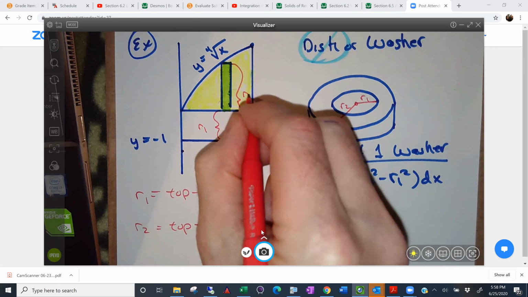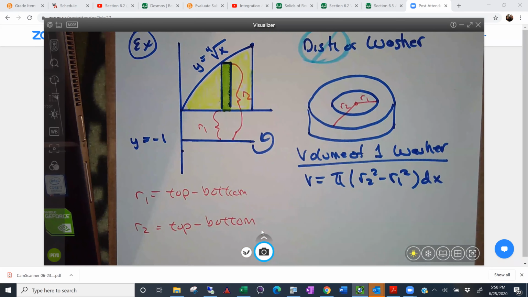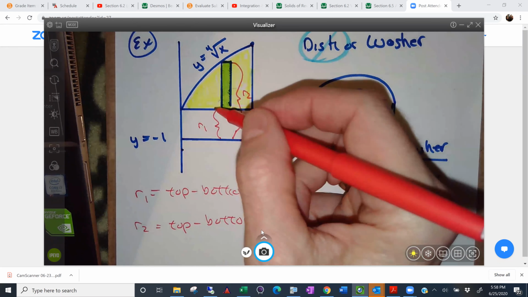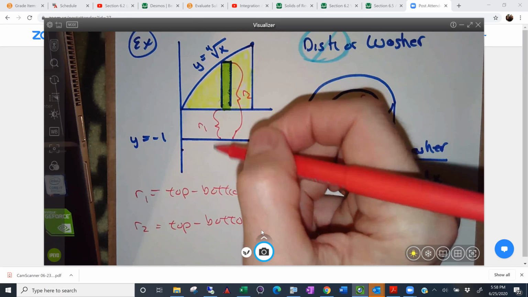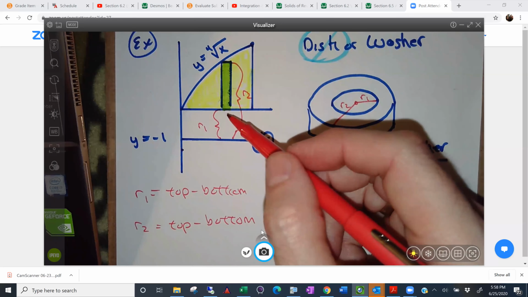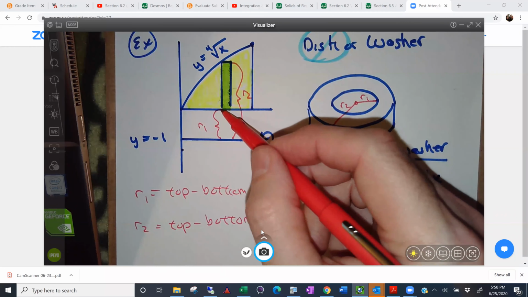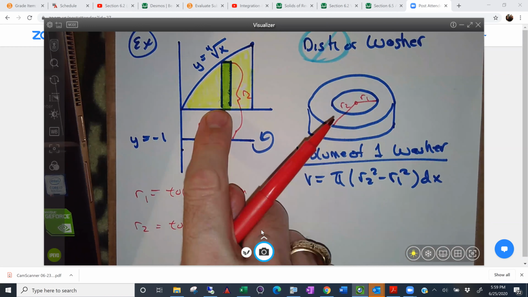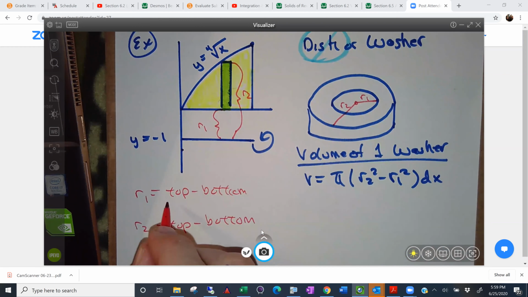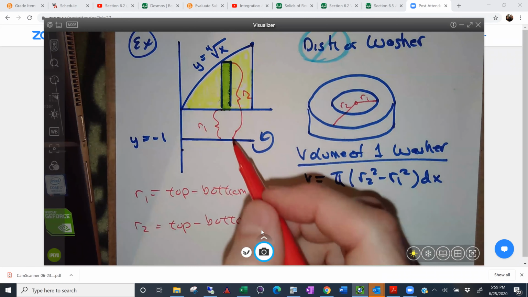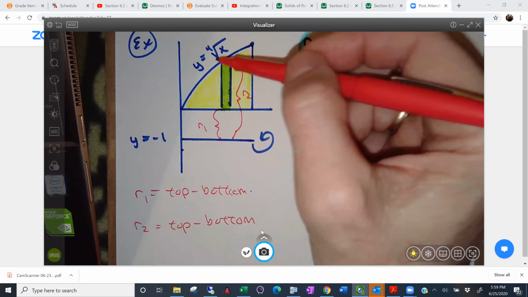And this is R2, my outer radius. So I've got to do top minus bottom. And we've got to think a little bit about this. What's the height of my top part here? Fourth root of x minus 1.